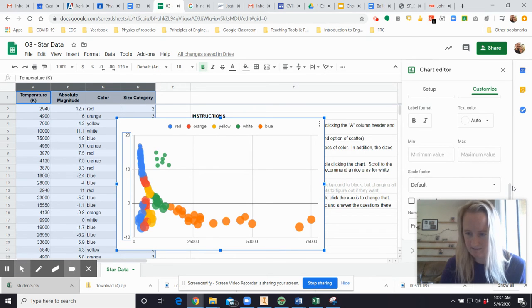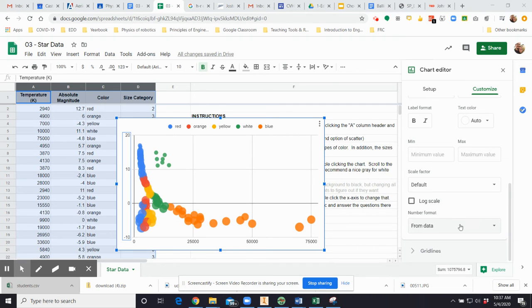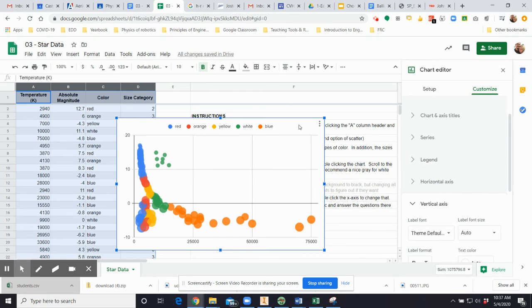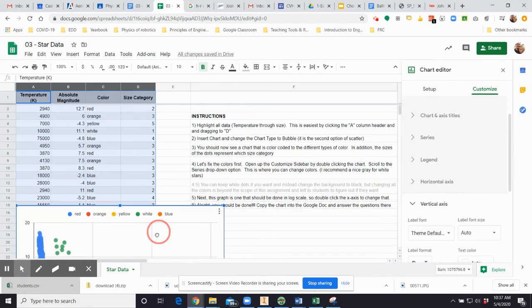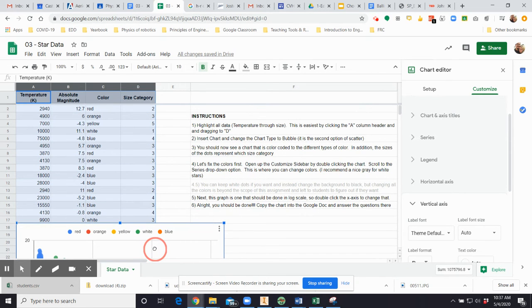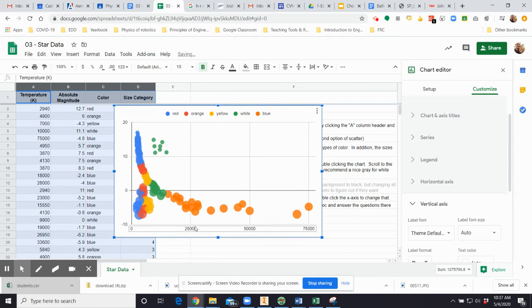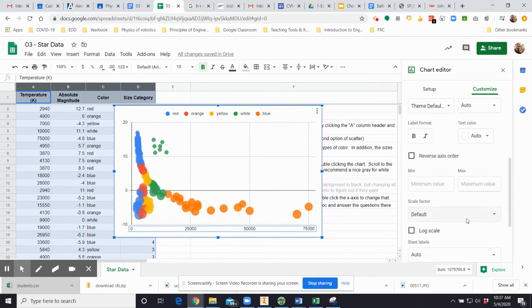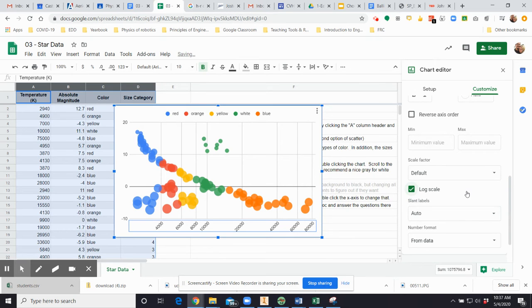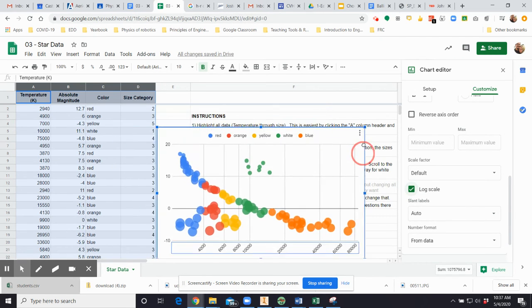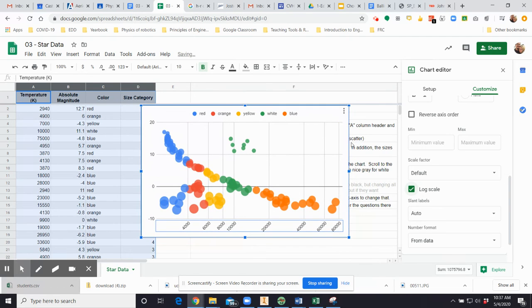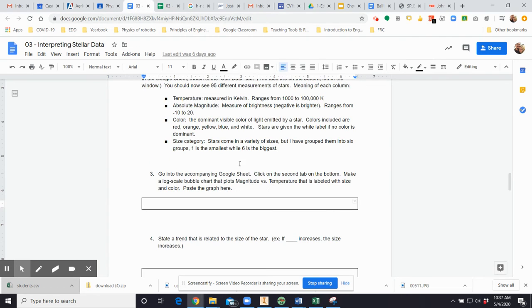Just make sure it's selected there. Or this is temperature, yes. So I think it's good. Oh, we need to double check the log and make sure this is logged. There it is. So there is your bubble chart. You're going to paste that here.